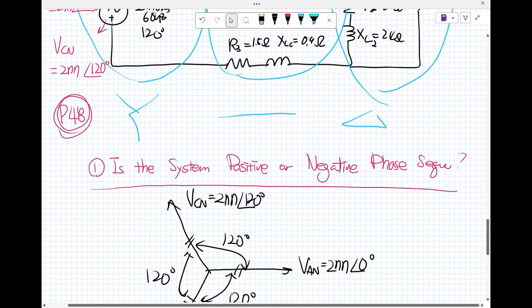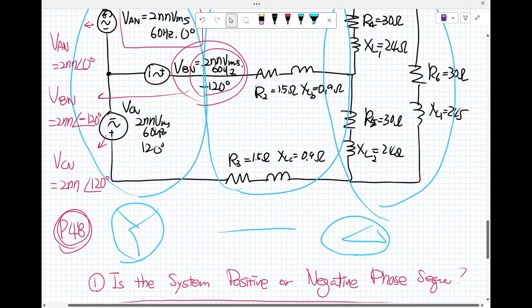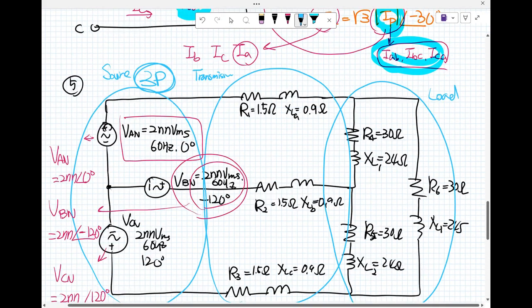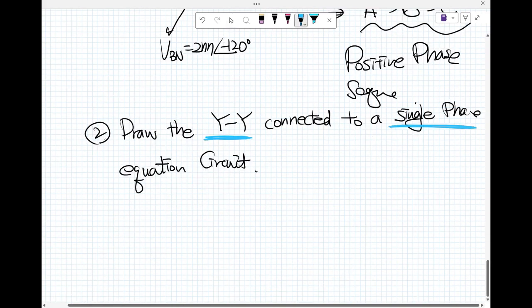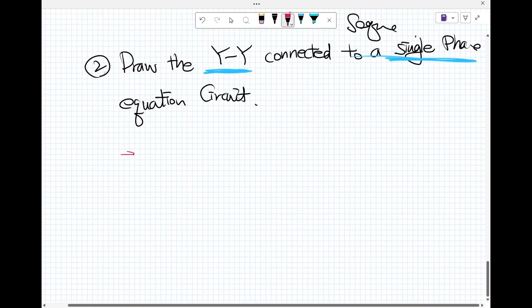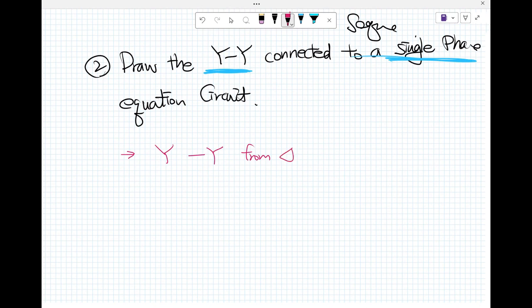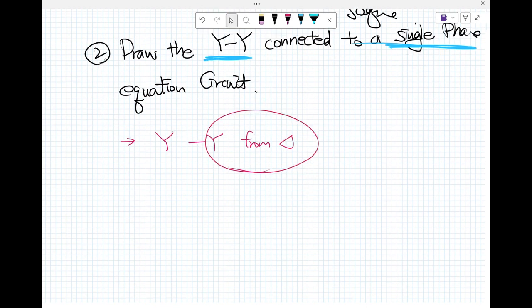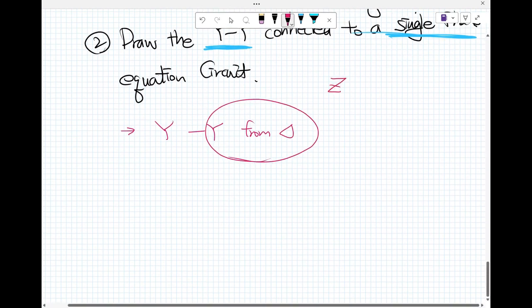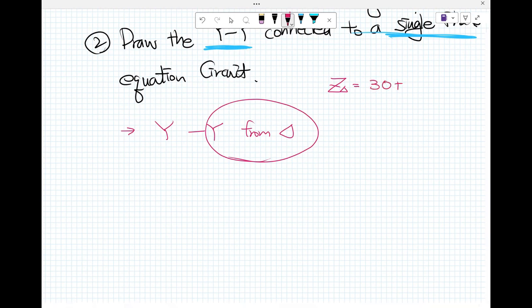It's not Y to Y; it's Y to delta and three phase right now. But from the question, it's not Y to delta. This is Y to Y and single phase. Now, step one, you have to make it Y to Y from the delta load connection. So now, the G sub delta is what? 30 plus J24.